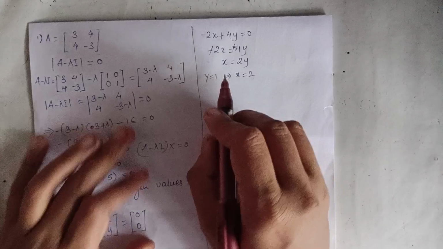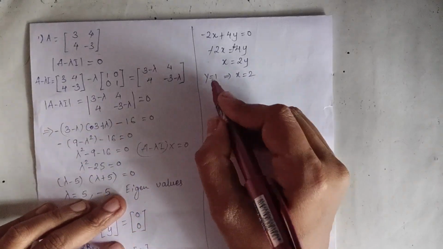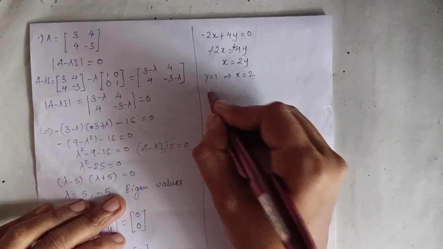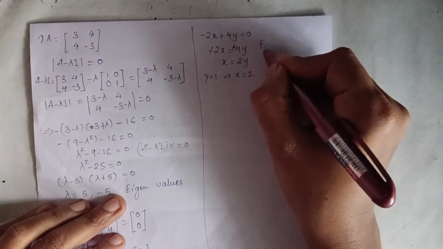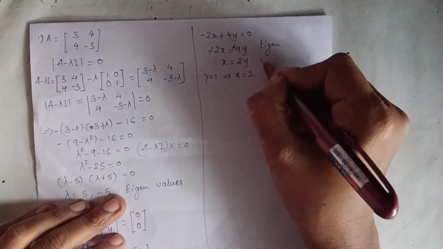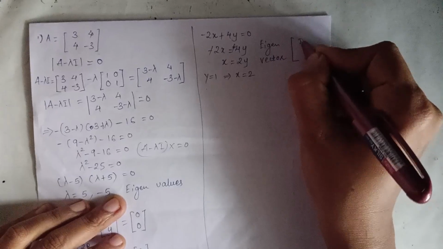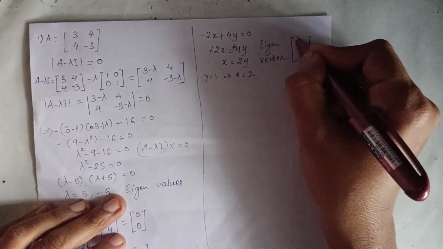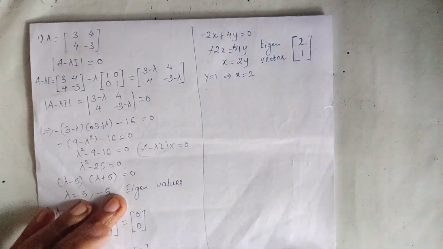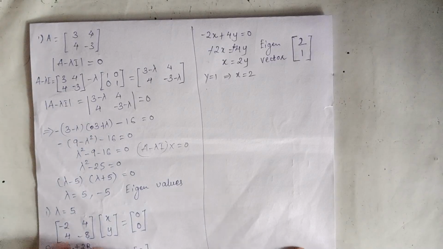Okay, so the eigenvector is 2, 1. Okay, this is related to lambda equal to 5.